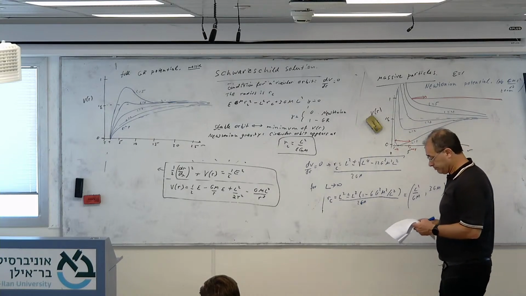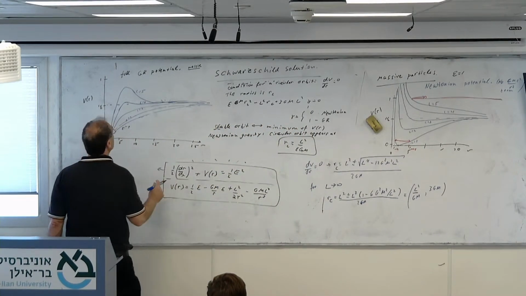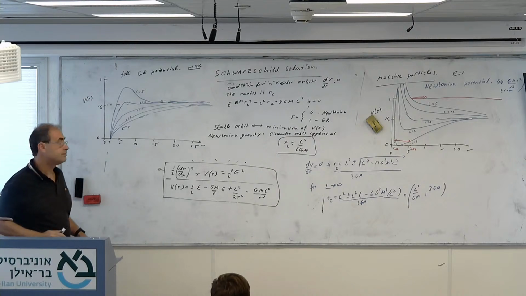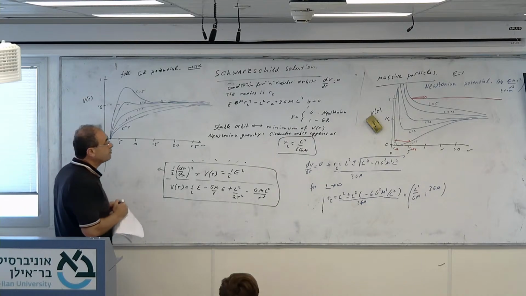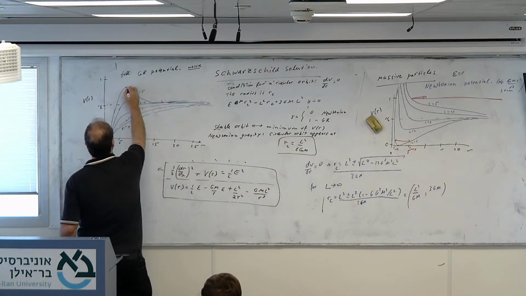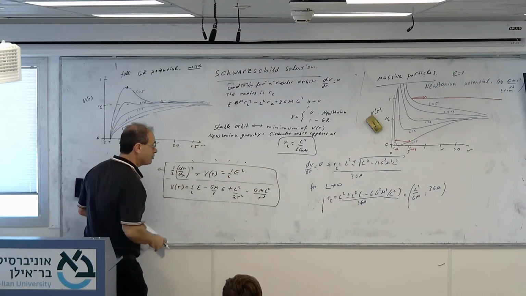For very large L, you get 2 circular orbits. One approaches 3GM here, and one is at L squared over GM.